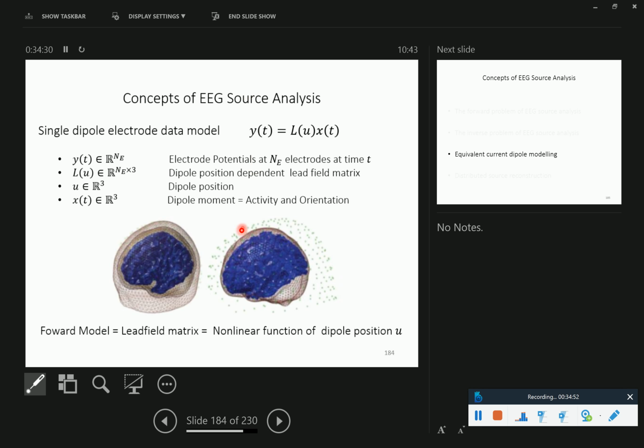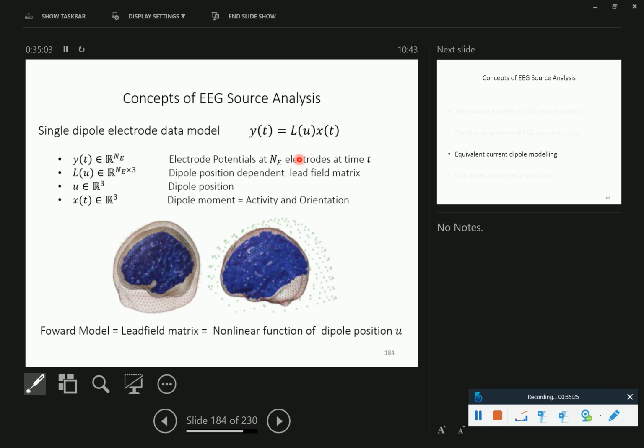So if you have a dipole that is 1, 0, 0, then this will select the first column of the lead field matrix. You multiply it, and at the electrode level you essentially have the first column of the lead field matrix. That's then the meaning of the lead field matrix columns: the electrode potential you get for a dipole that is unit in either X, Y, or Z direction.